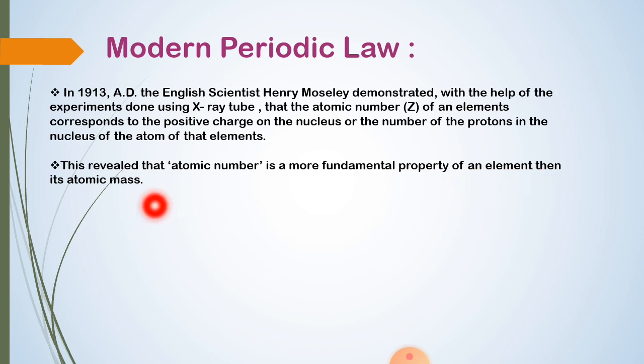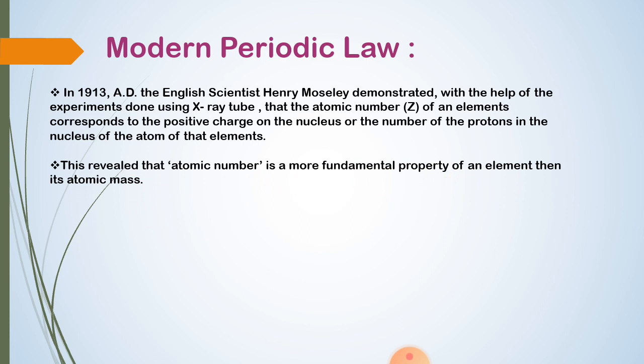Here we are learning the modern periodic law, which states that atomic number is very important. In the earlier part we learned that atomic mass is important.